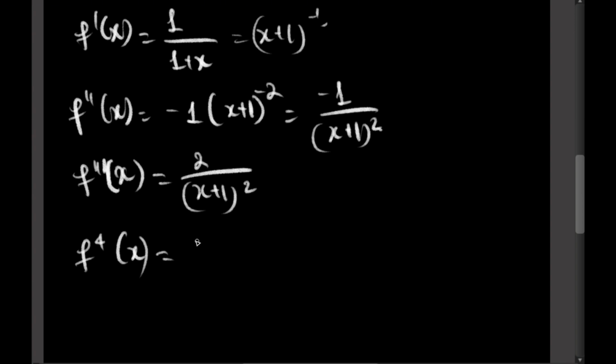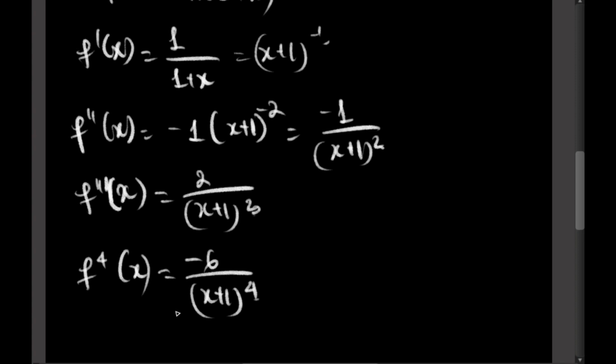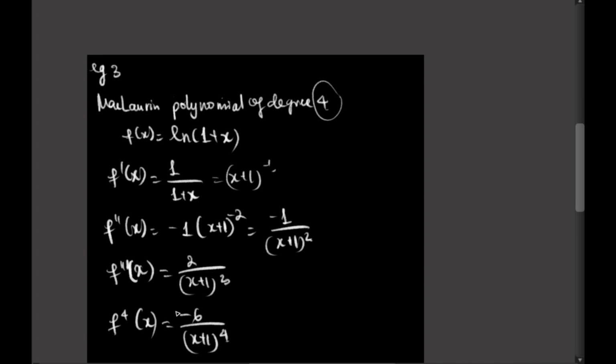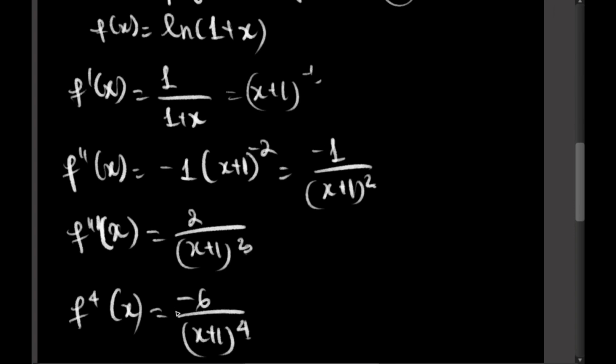So that's going to be, oops, I'm sorry, that's a silly mistake. Minus 6 over (x plus 1) to the fourth. Okay, and now we're going to evaluate these at x equals 0 because this is a Maclaurin series, right?